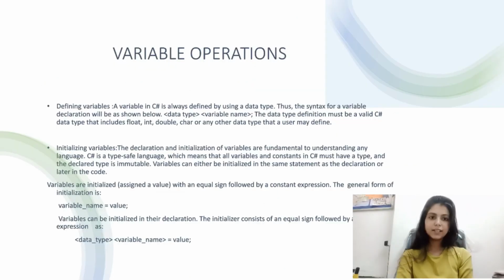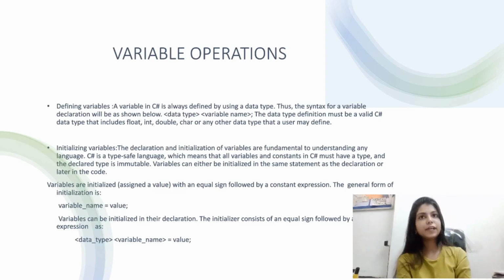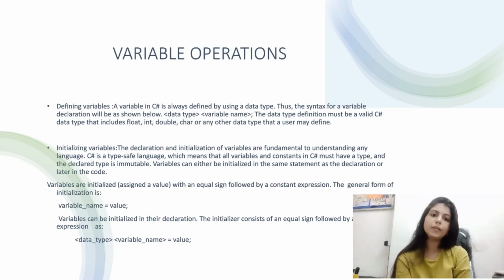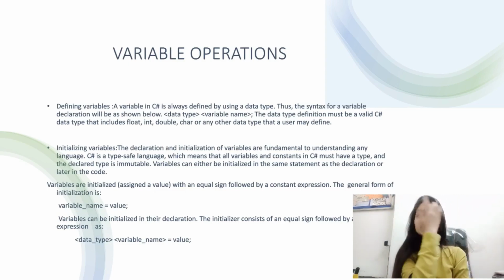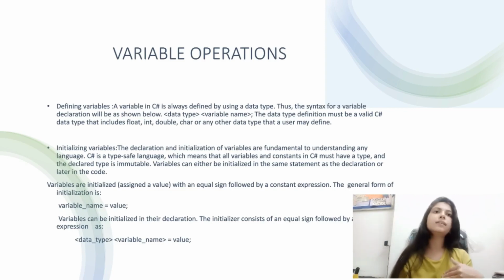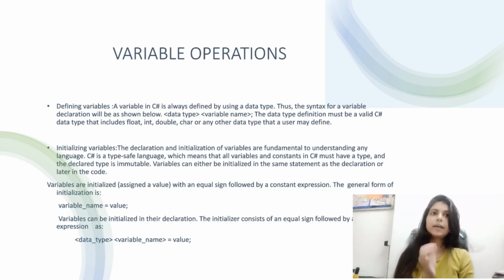Defining variables: a C# variable is defined using a data type. The syntax for a variable declaration is that it is firstly represented by a data type and then the particular variable name. The definition should use a valid data type that the user defines.